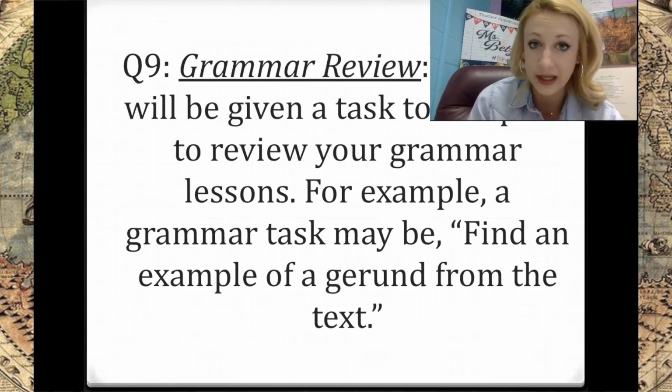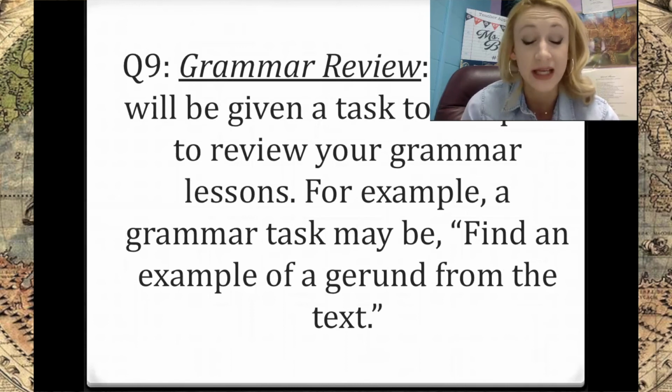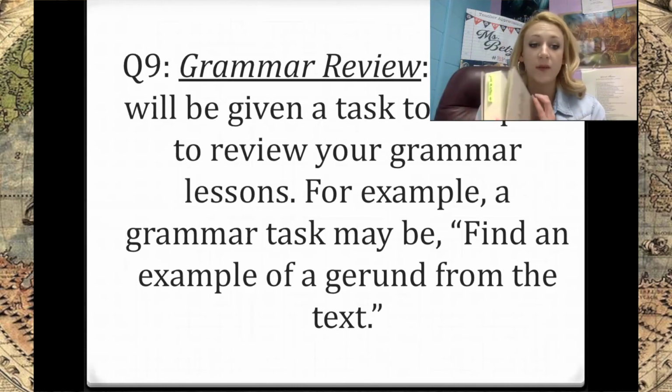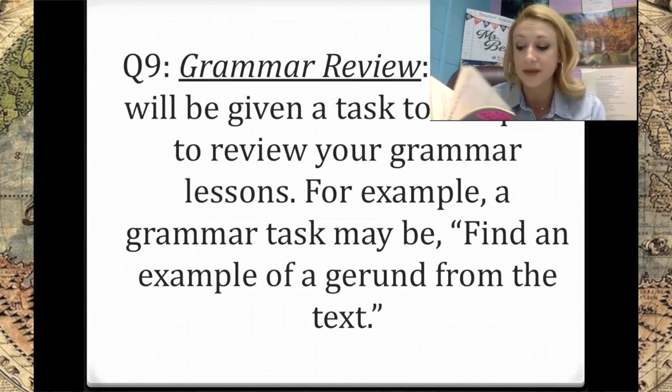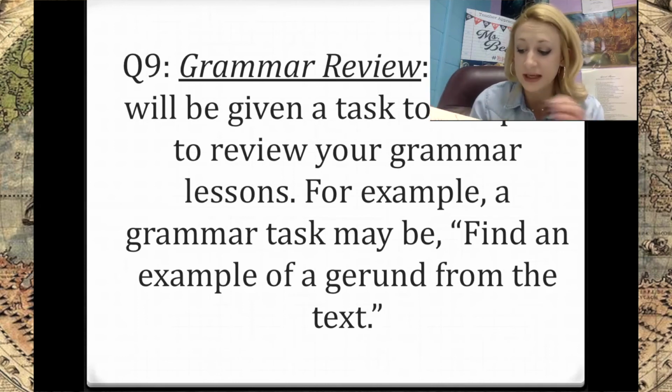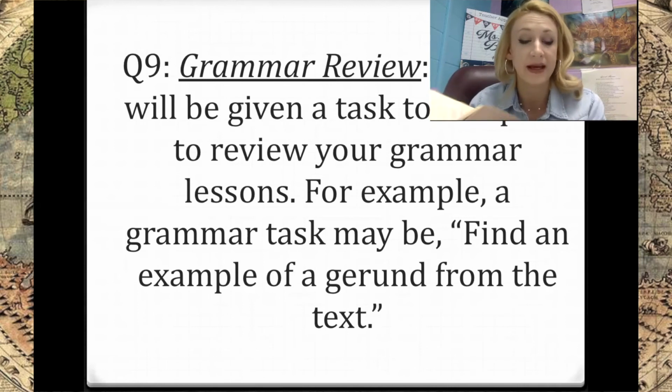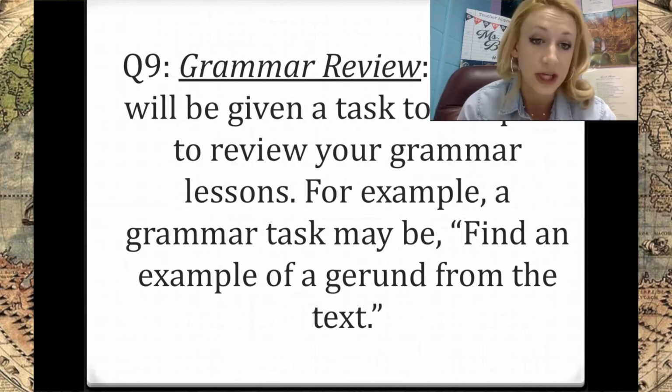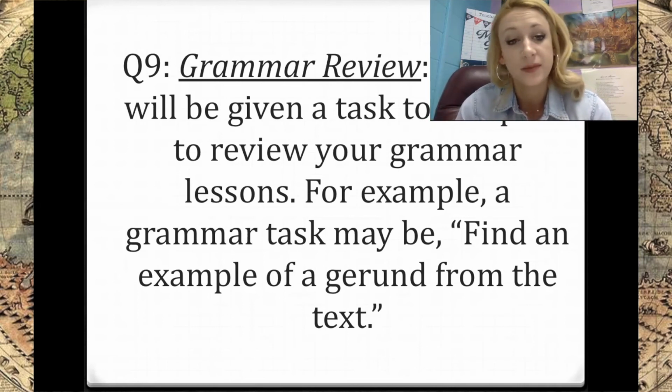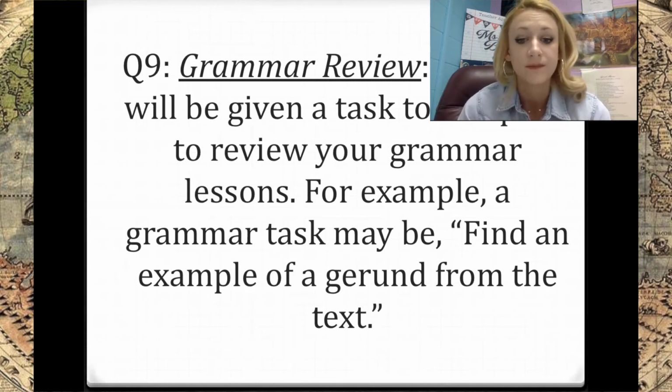No one's doing it. We're talking about it. Gerunds always end in ing. So then I'm going to go back to the text and I'm skimming for something that is a verb that ends in ing that no one's doing. We're just talking about it. It's functioning as a thing. And then I can put that there. So the Q9 will change and you'll be reviewing different types of grammar throughout the different MITs that you complete.